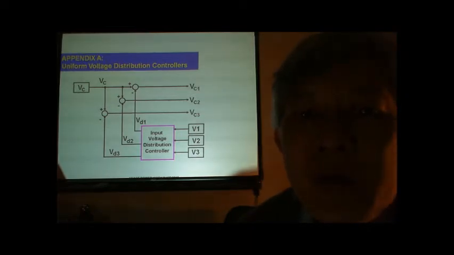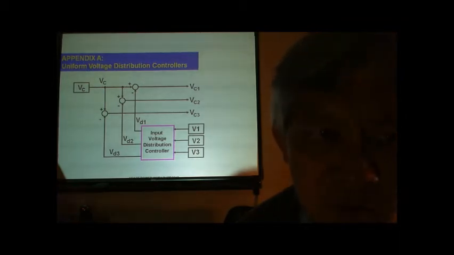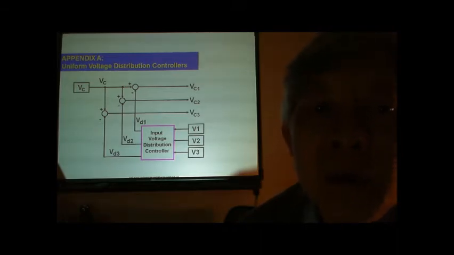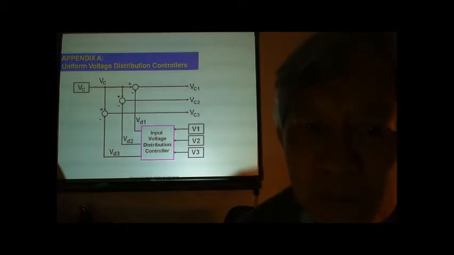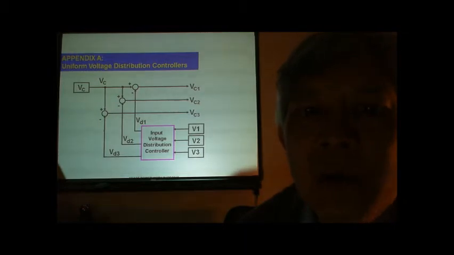Basically, the uniform voltage distribution controller converts the primary system control voltage VC into multiple control voltages VC1, VC2 and VC3 appropriate for controlling power converter number 1, number 2 and number 3 in such a way that the feedback voltage, or the sourcing voltage, or the input voltage across those converters V1, V2 and V3 are uniformly distributed or equal.